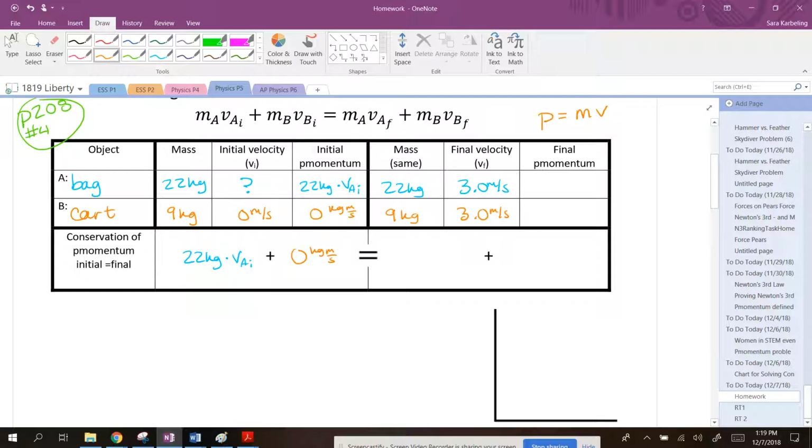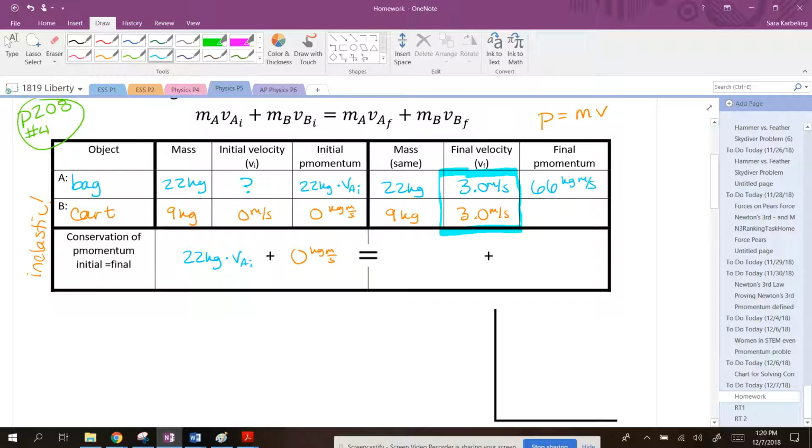Is this an elastic or an inelastic collision? Inelastic, right? Just a little note there so that we know it. What is the final momentum of the bag? 66 kilogram meters per second.